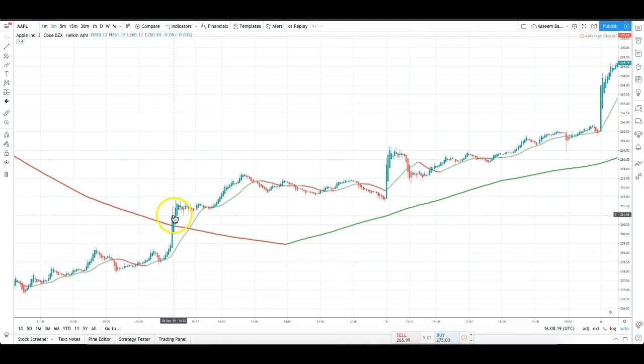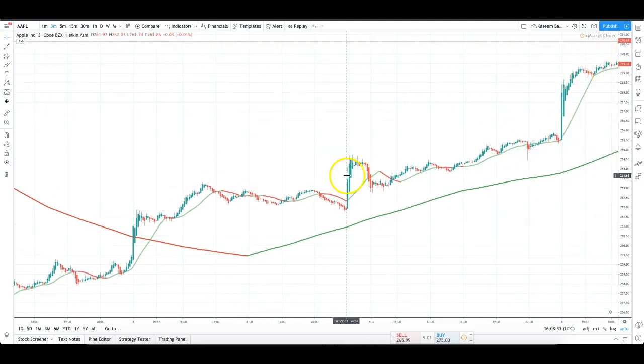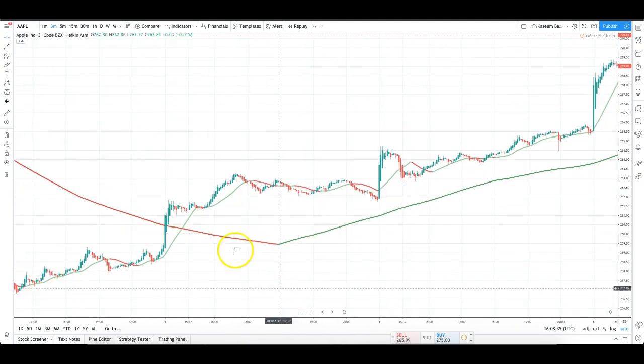So we got that straight. You're only going to look for opportunities to buy at this point. Buy here, possibly buy here, and possibly buy here, and look to sell out at this point, if you're swing trading.